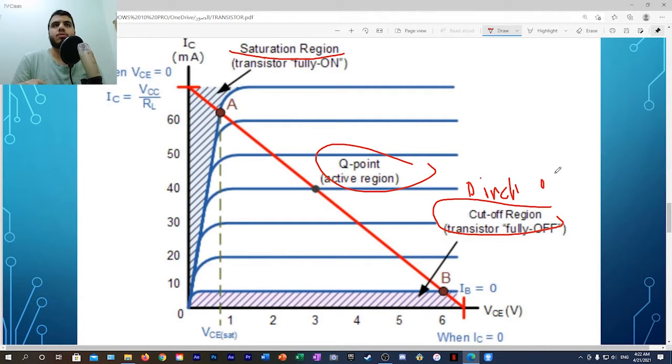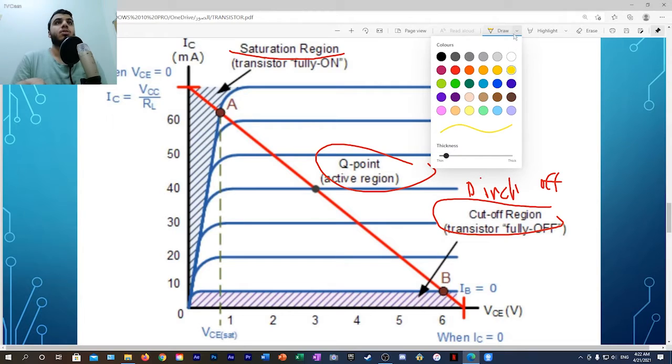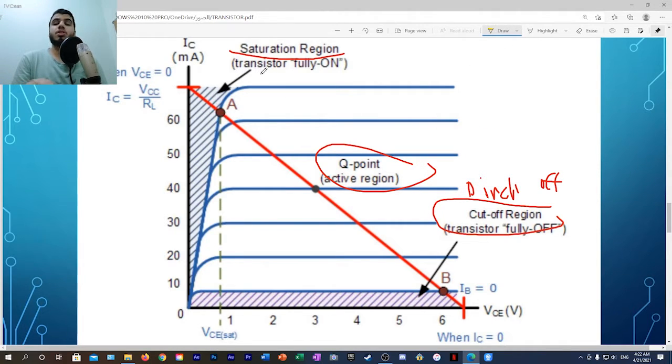In the saturation region, the transistor acts like a closed switch, whereas in the cutoff region it works like an open switch.